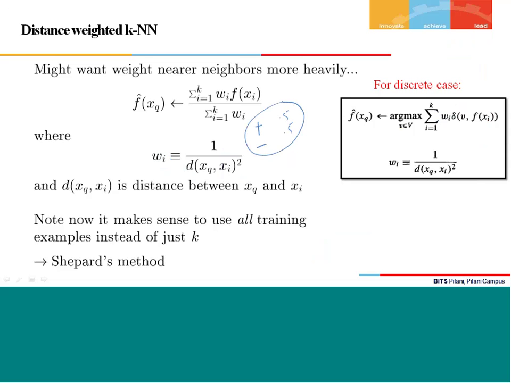Then you will conclude that there is a 50% probability for the positive point and 0.5 probability for the negative point. But if the weight given to the positive is 0.8 and to the negative is 0.2, now I am saying there is an 80% chance that this is a positive class label and 20% that it is a negative class label. So weight is a statistical term. You should understand how weight is playing a role here.